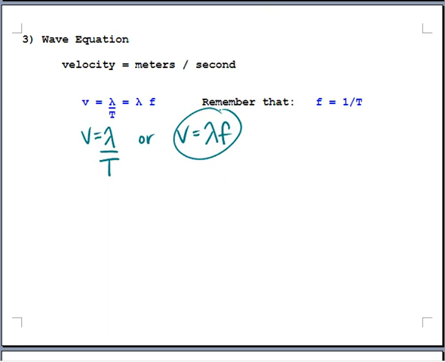That second equation is true because hopefully you remember from way back in the very first chapter of this course. That's September, that's a long time ago. That frequency and period are reciprocals of each other. So 1 over the period is frequency. So that gives us maybe our more common version of the equation. But either equation works, it just depends on what they give you in a question.